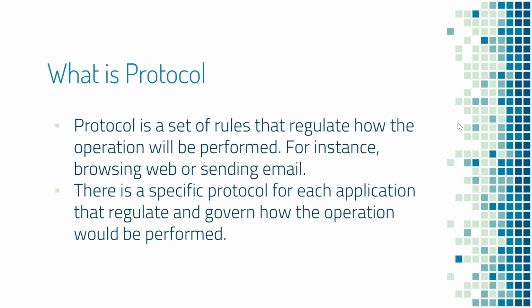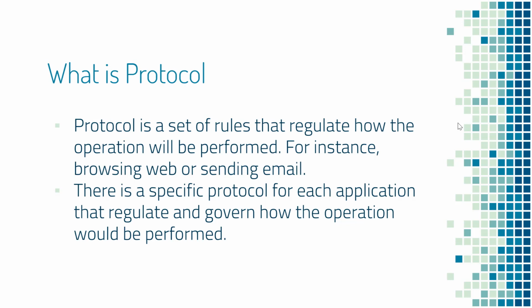Since all the devices, let's say a mail service, if you want to send a message or email from computer A to computer B, then these two should understand the same language.